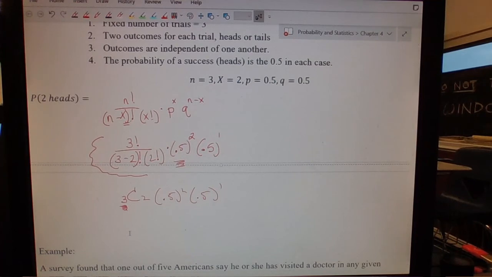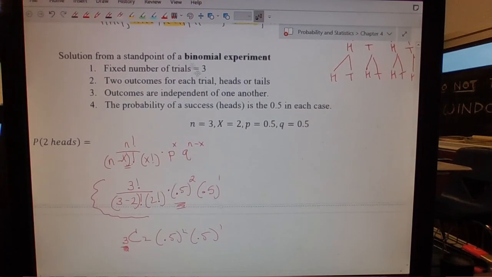Like asking, what's the probability that I take a test, guess on the whole thing, and get 100%? That's not a hard question to ask, but it's maybe a hard question to analyze without having this binomial distribution information. You could do it, but you need a sample space, and coming up with that sample space would be nearly impossible. Does that make sense?